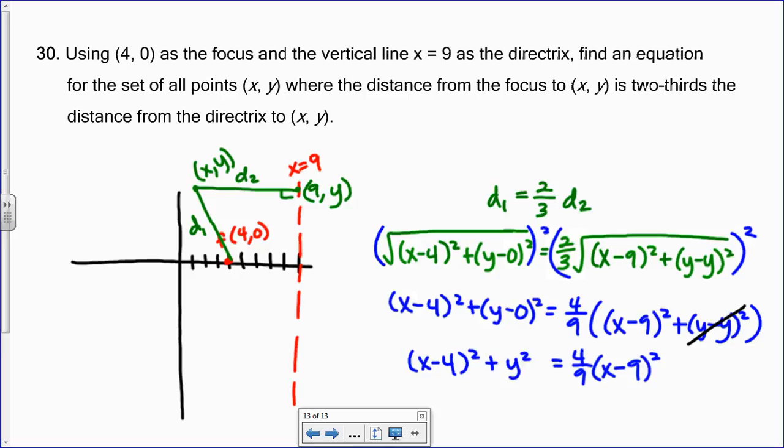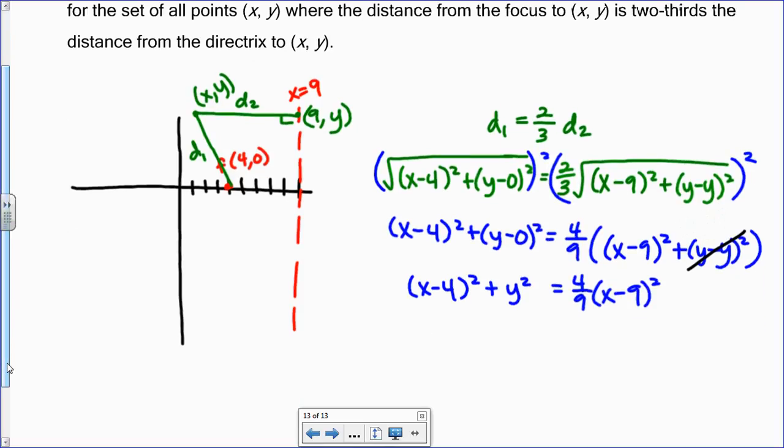So y minus 0 is just y, so y squared. Okay, so what term should I move over? What should move to the right? The x minus 4 squared should move to the right because this is an x and this is an x. So those would be the like terms.